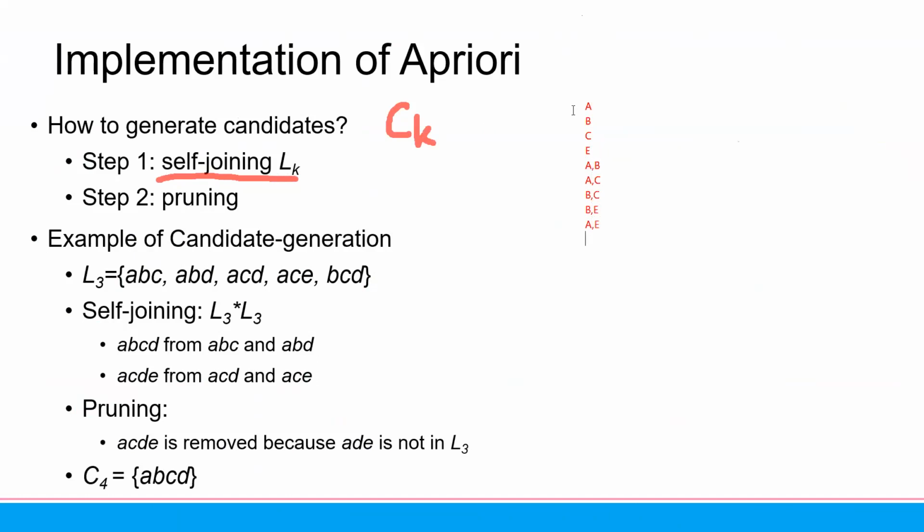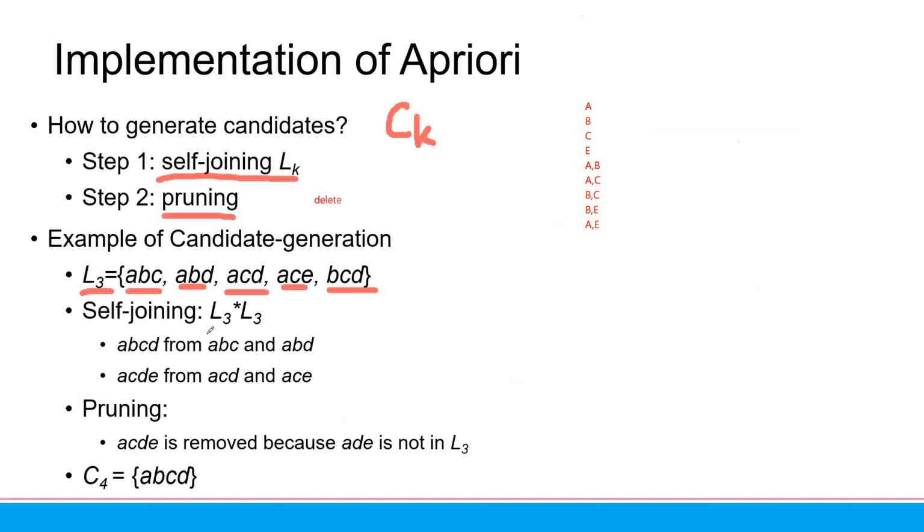And after you do this self-joining, you need to prune. Prune means delete. So as you know before, let's say we have L3. We have ABC, ABD, ACD, ACE, and BCD.